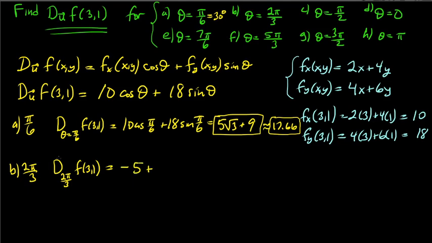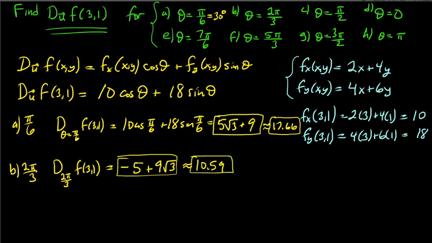And then the sine of 2 pi over 3 is still square root of 3 over 2, so 9 square root of 3. Yeah, 18 over 2 is 9, 9 times square root of 3. I get about 10.59. Still pretty steep. There's the exact and there's the approximate.